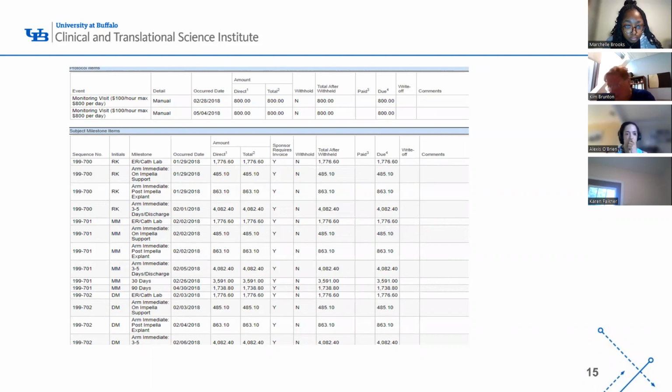For any investigators or coordinators on the call, I just want you to remember that some sponsors will send you a reconciliation report from their end, and they want you to sign off on it. Please don't. Most of the time, those are incorrect, and they highly undervalue what you are owed.